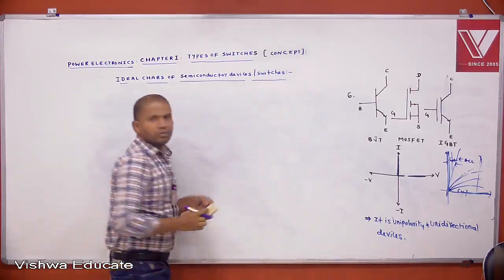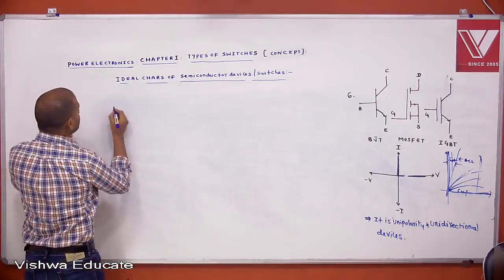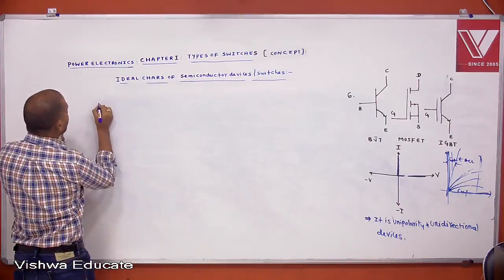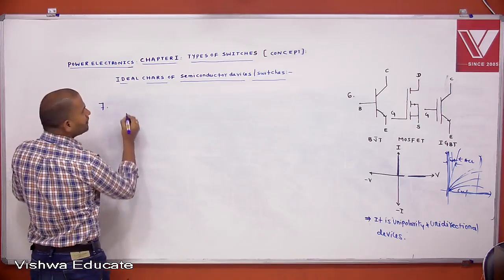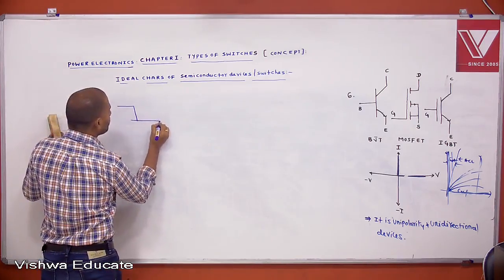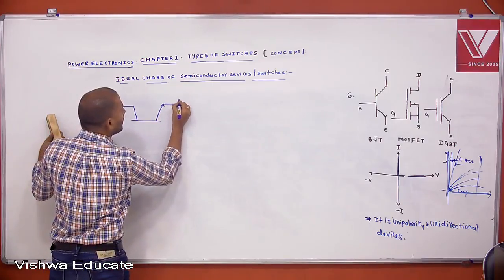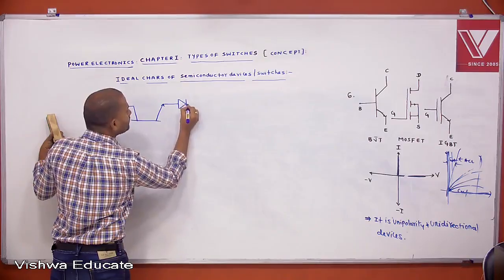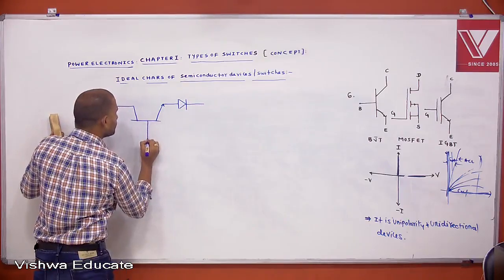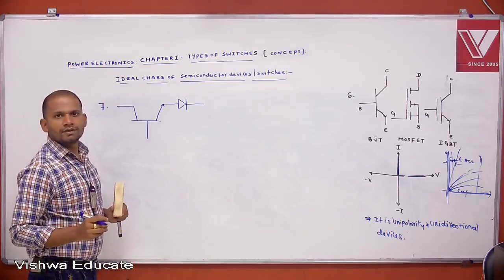For example, if the characteristics are like this, if the device is given like this, try to draw the characteristics of this device. If any diode is connected, what are the characteristics of this device?